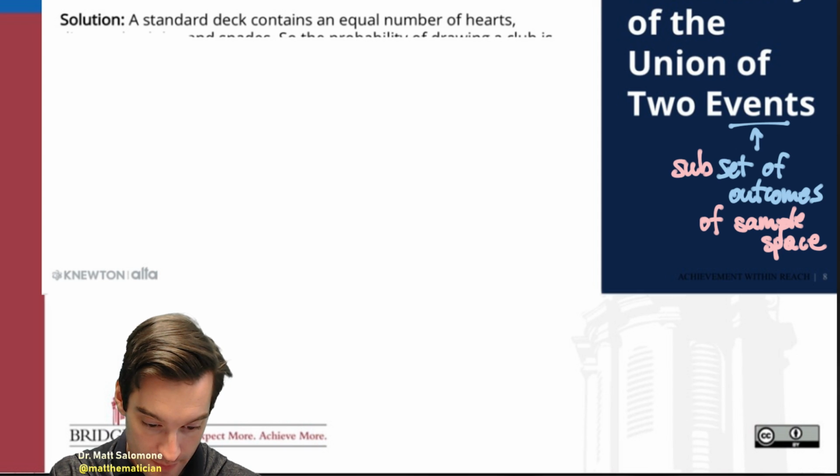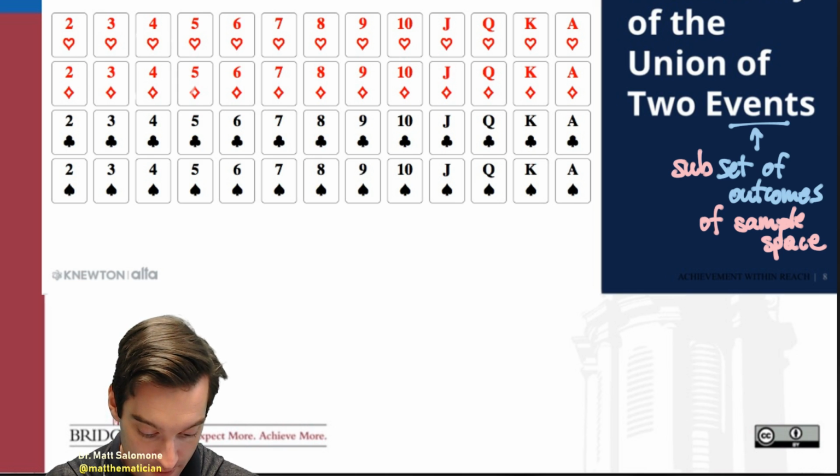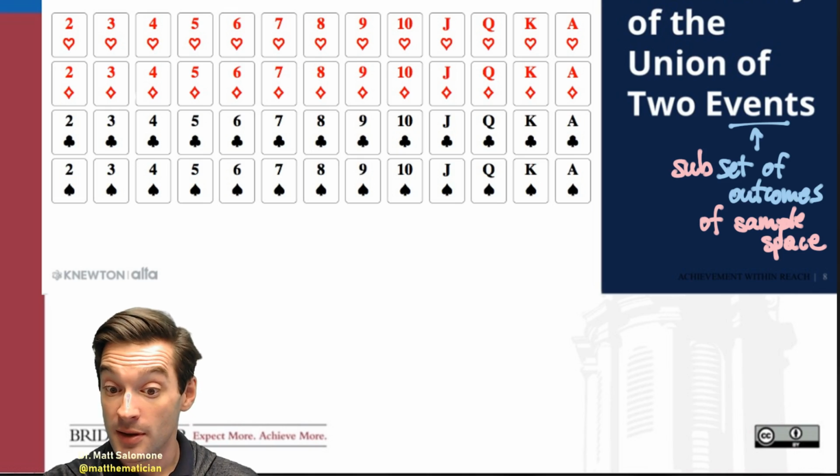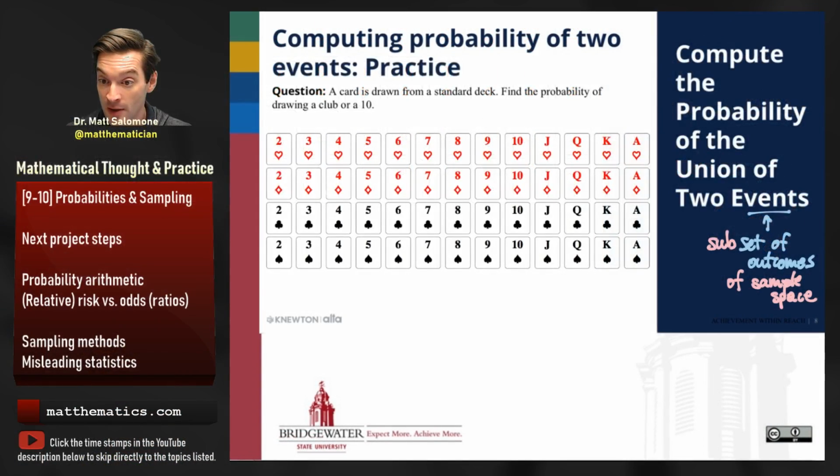Okay, here we go. So there is my sample space for this problem. And remember, what is the experiment that we're running here? I didn't read it off. Let me go back and read it off here. The question is that we draw a single card from a standard deck. And so what that means is that my sample space consists of exactly these 52 cards.